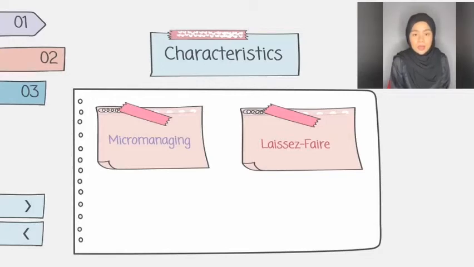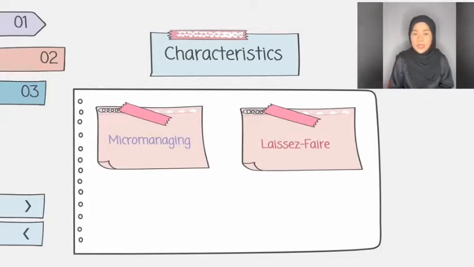And the second one is laissez-faire, meaning that transactional leadership doesn't aim to change any of the processes of the institutions. They want everything to stay exactly the same within the institutions, which may seem like the leaders are passive or laissez-faire.